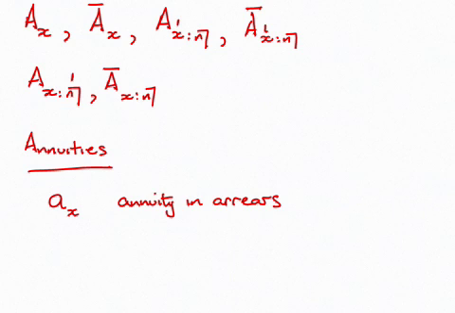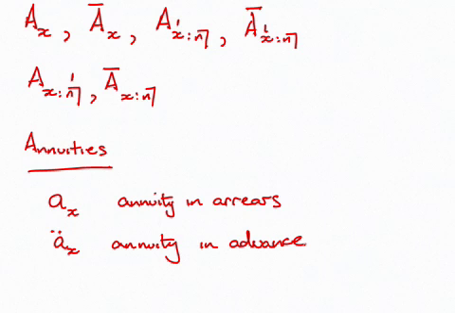We also have an annuity payable in advance, and in that case what we do is we put 2 dots above the a, and that just shows us that the payments are happening at the start of each time period, so at the start of each year rather than at the end of each year.